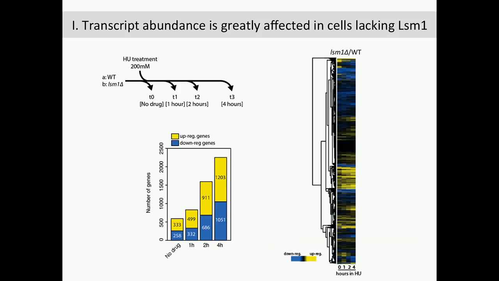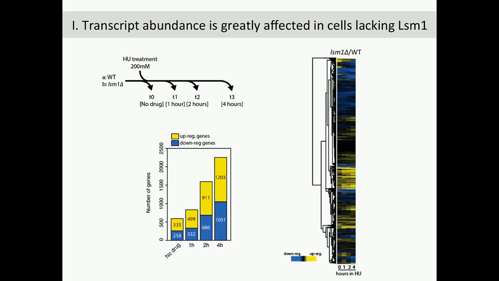Can you go on the next? So we performed an RNA-seq experiment on LSM1 delta cells before and after 1, 2, and 4 hours of HU treatment. And as expected, we found genes to be more abundant in the LSM1 delta mutant. And so the proportion of upregulated genes increased drastically after HU treatment.